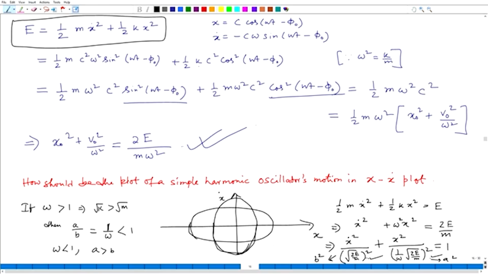Okay. And you will also understand that for a given system where E is conserved, that gives me an ellipse of this kind, because E finally gives me this whole thing. If E changes, let us say E increases, both a and b will increase.